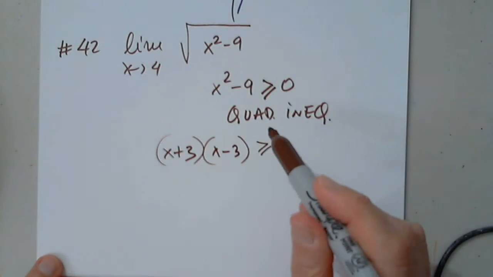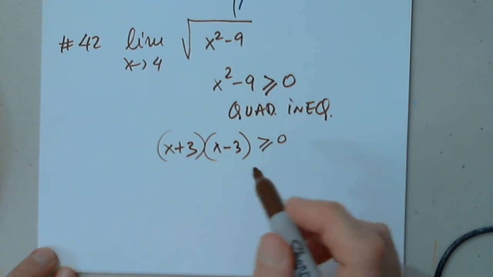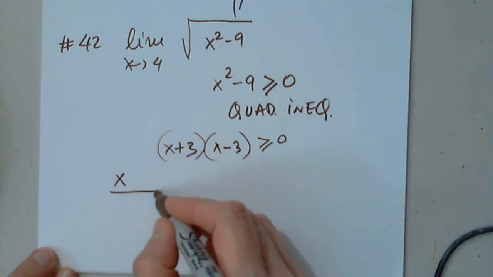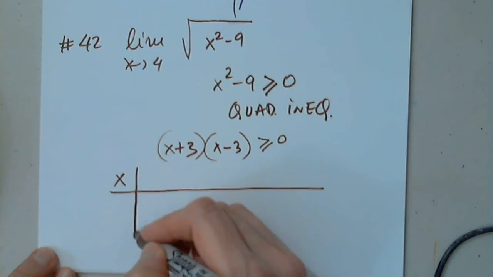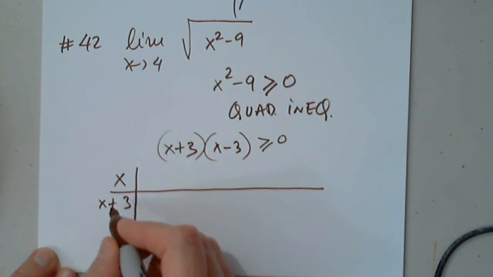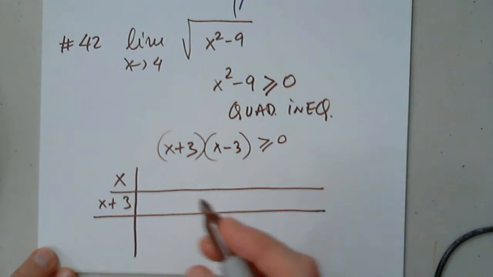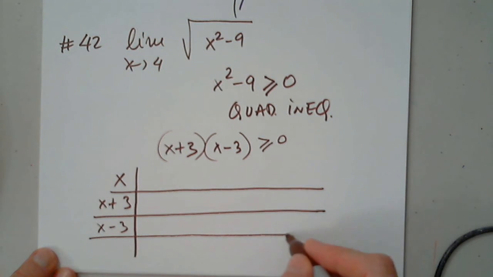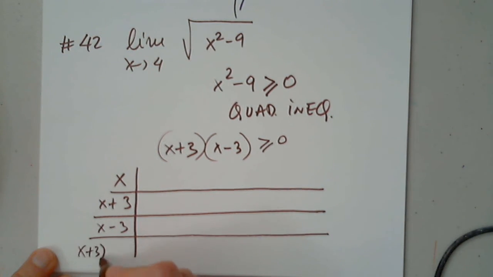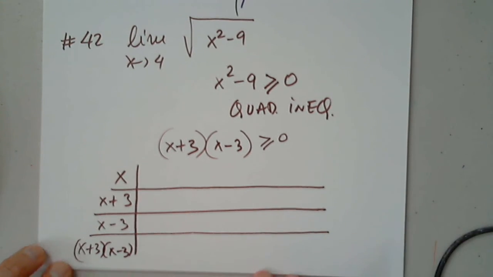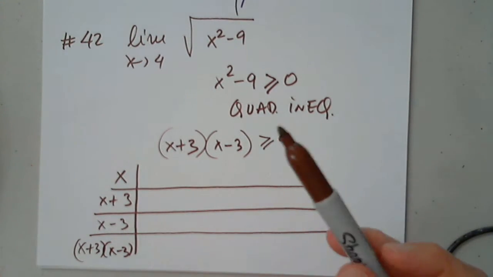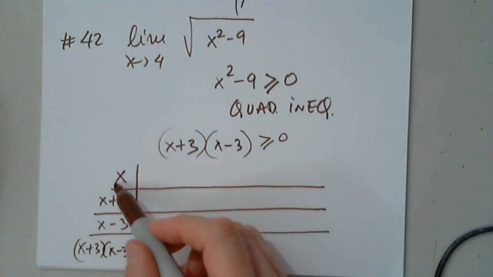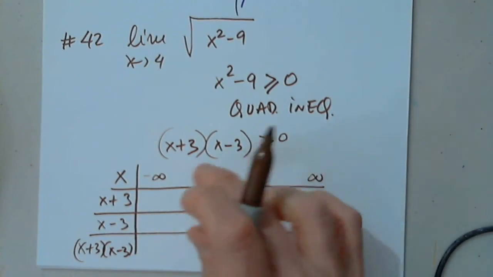So one option would be what I show my students. This is a table that I like very much. You don't have to. If you find a different and easier way, you can use it. But this is very visual. So what did I do here? X is the variable in the problem.